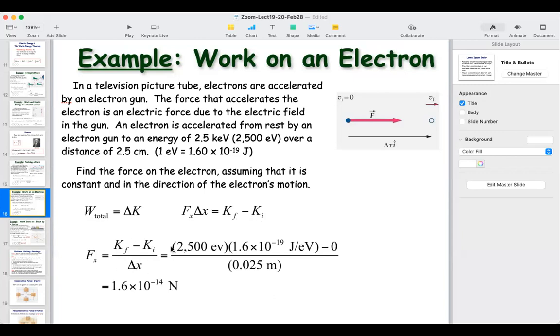K final we know because it's 2,500 electron volt multiplied by this quantity to be able to find joule, minus 0 because the initial one is equal to 0, divided by delta x, which in this case is 0.025 meters.